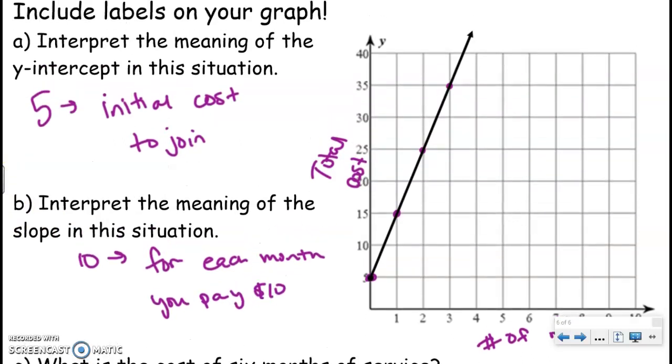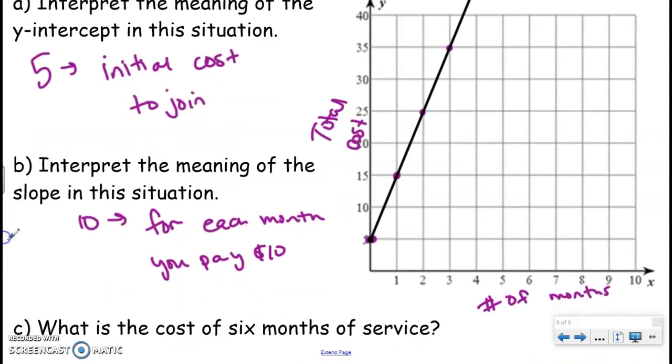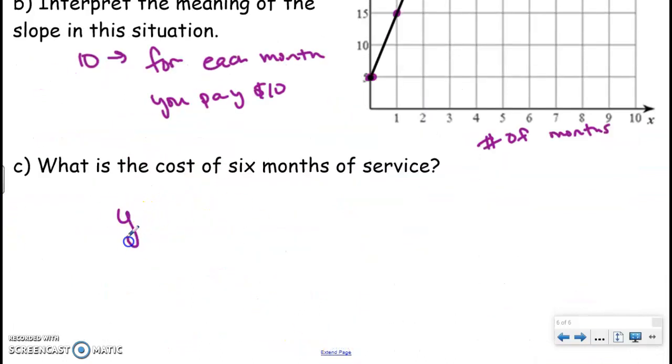Okay, and then 6 months of service. We can't see it on the graph, but we could definitely plug it in. They told us the equation was this. So if I plugged in 6, that would be $65.